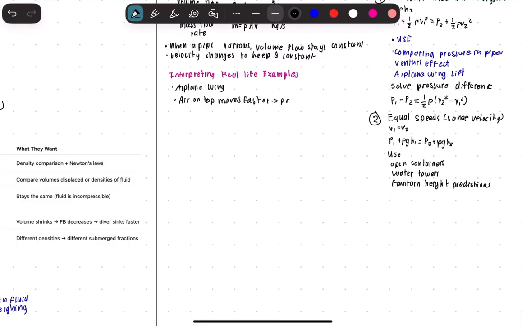Therefore, the pressure is lower. And also that means that the air on the bottom moves slower. Therefore, the pressure is higher. And also the net upward force is the lift that's making the airplane fly.